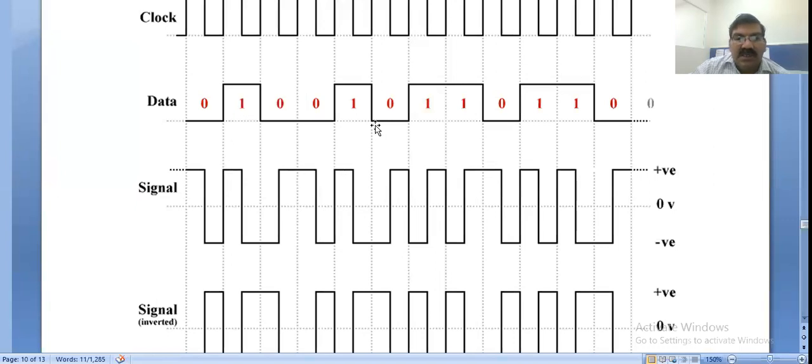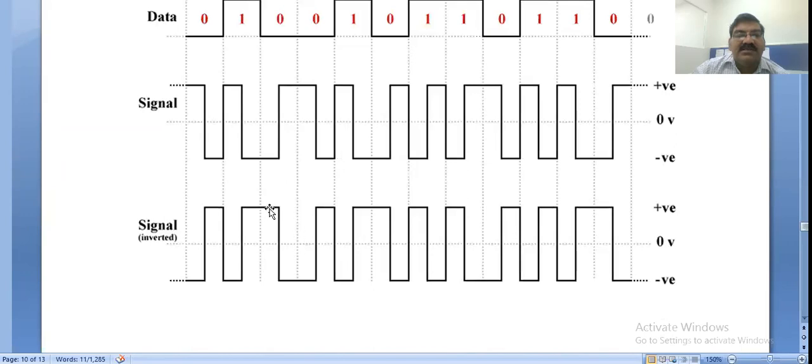For the 1 it is high. Now if there is a train of 1 1, there is a transition, and for 0 0 there is no transition.